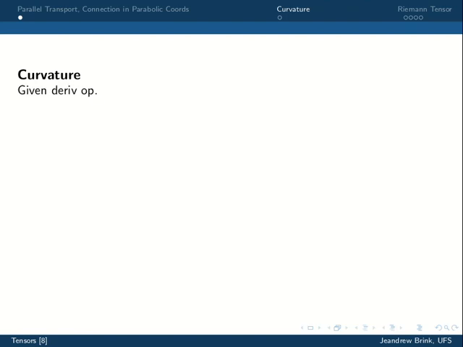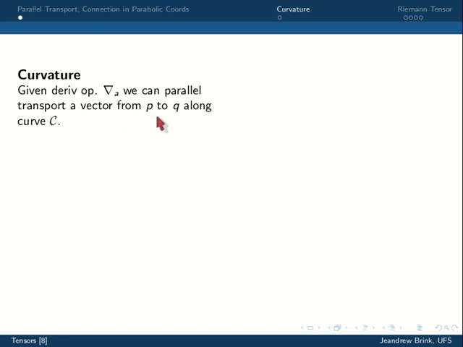Basically, given a derivative operator ∇_a, we can parallel transport a vector from P to Q along a curve C, and then start connecting the mismatch with the curvature itself.